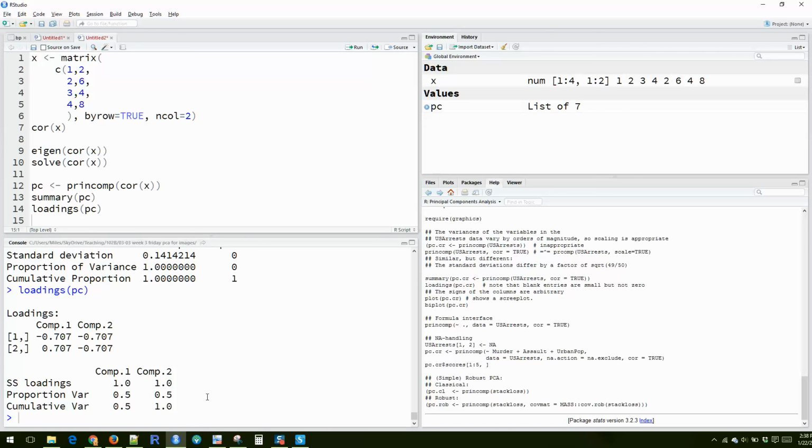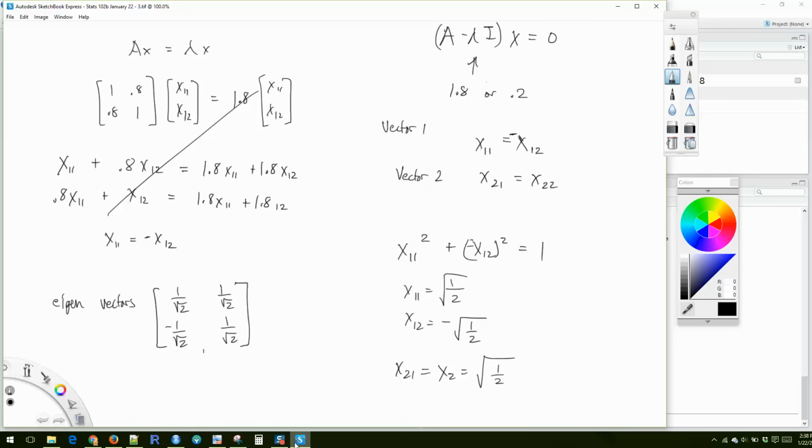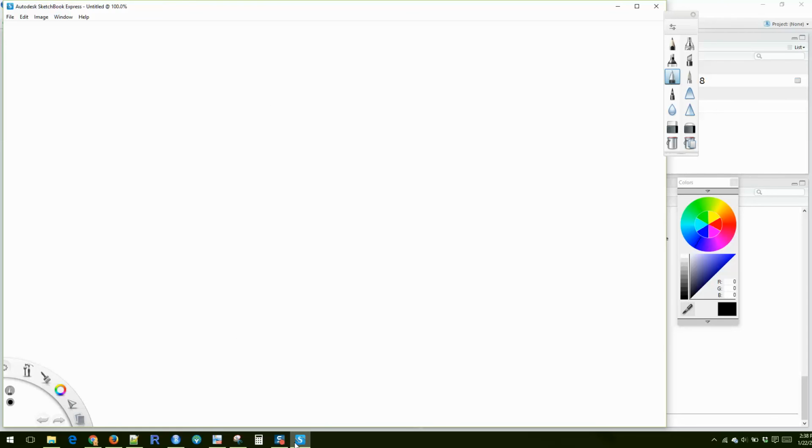Okay, to recap the steps you should take if we were to do the manual principal components of a data matrix: first you should center your data matrix, and then you'd compute the correlation matrix.